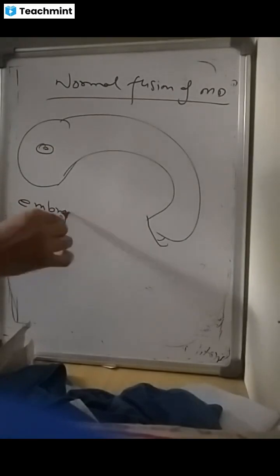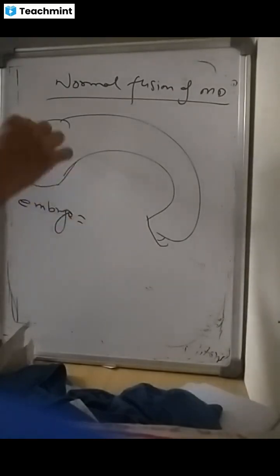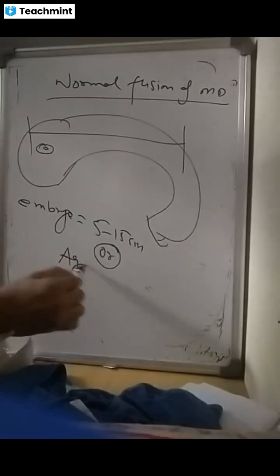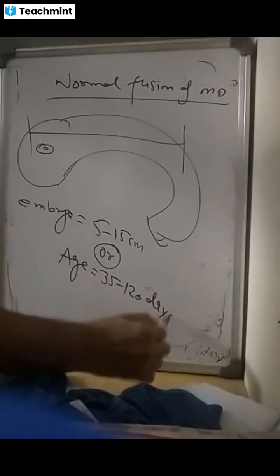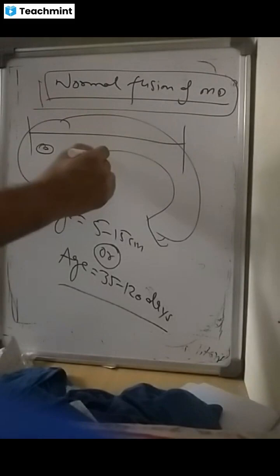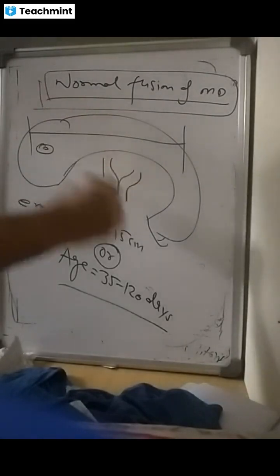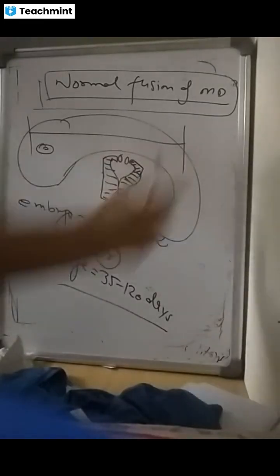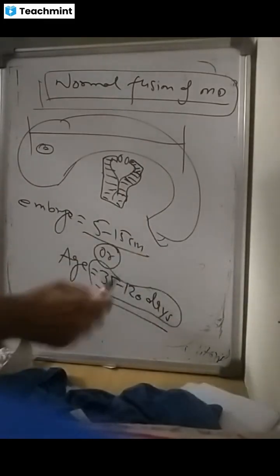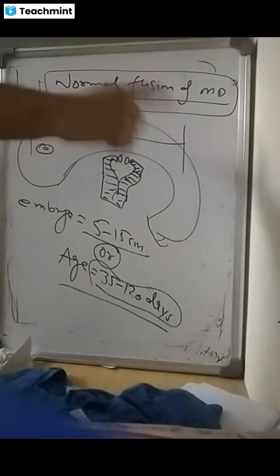When the embryo is 5 to 15 centimeters, or the age of the embryo is 35 to 120 days, the normal fusion of the Mullerian duct occurs.